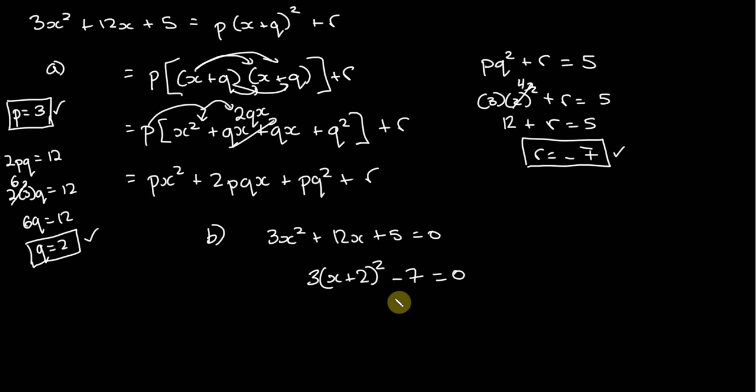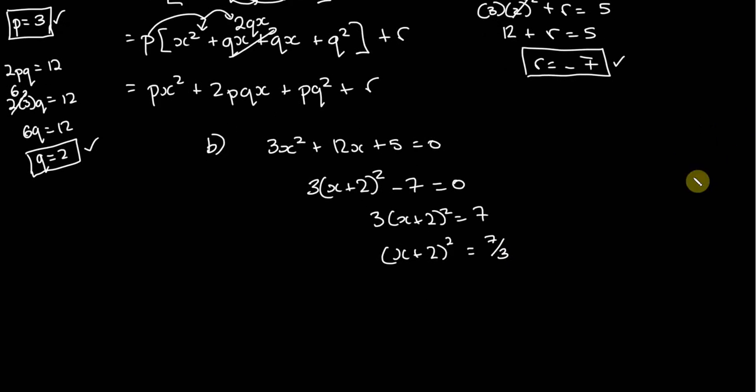Now we can add 7 to both sides. So we've got 3 times (x plus 2) squared equals 7, and now my inclination would be to divide by 3 on both sides, since we're solving for x here. So we've got (x plus 2) squared equals 7 over 3. Finally, we can take the square root of both sides.